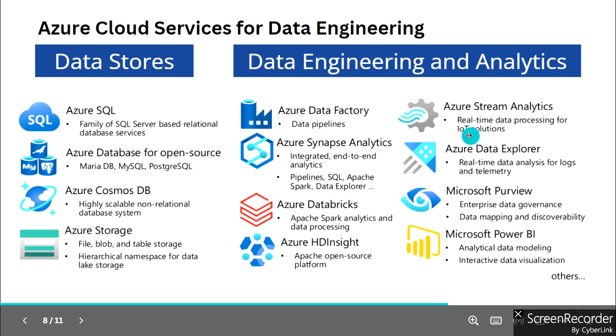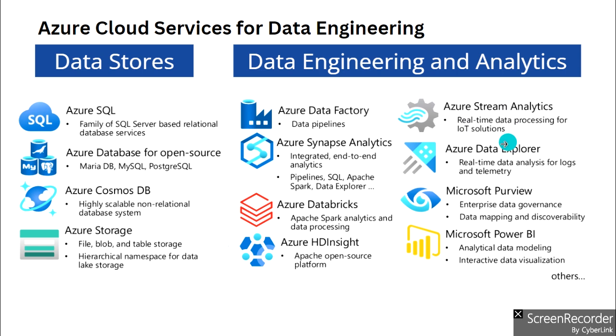Similarly, Stream Analytics is for real-time data processing through IoT solutions. Real-time data means what? Real-time data generation, like within a second if our data is getting generated, like a cricket match, or let's take an example of a patient whose heartbeat is read. You cannot read the heartbeat of a person after an hour or after a day. You need to calculate that in real time.